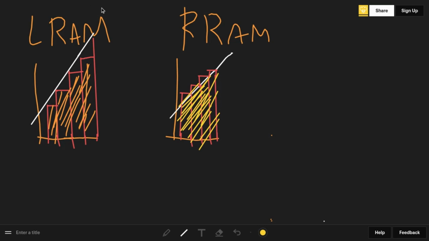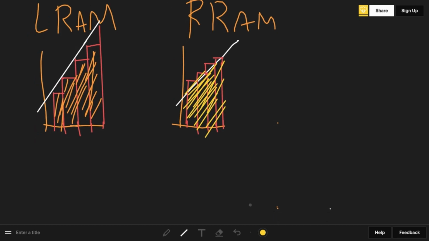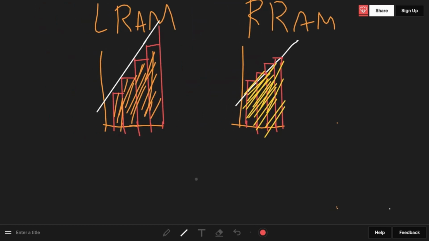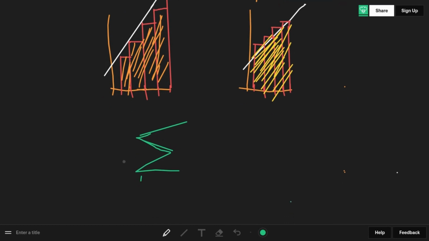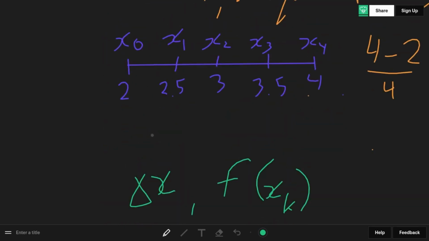When I'm using LRAM, I'm going to use sigma notation, because sigma means the sum of. I'll do an example problem soon. My sigma notation, since I start at 0, as you saw here, is based on going from x of 0 to x of 3 in LRAM, and in RRAM I would be going from x of 1 to x of 4.